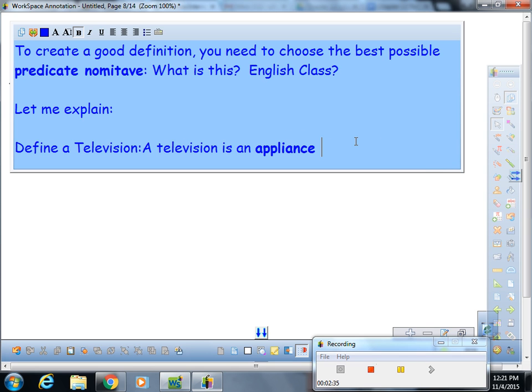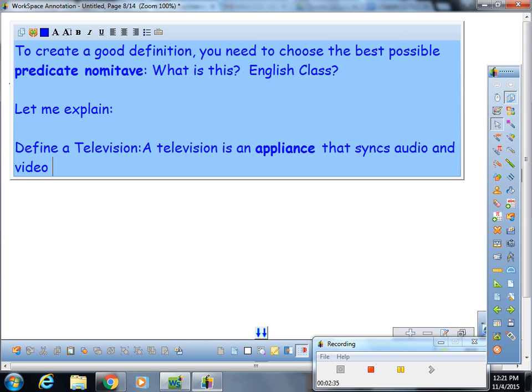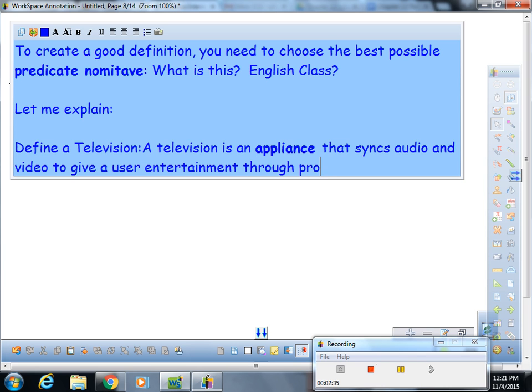Well, a television is an appliance that syncs audio and video to give a user entertainment through programming. How about that? I just made that up.